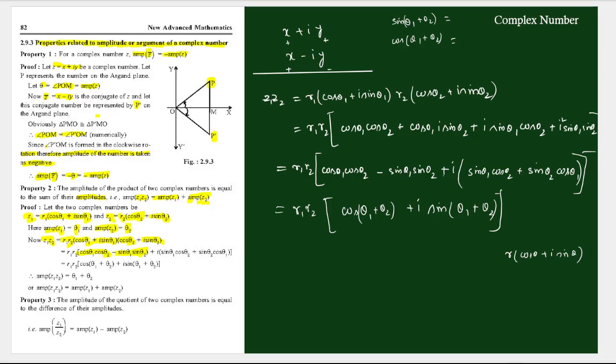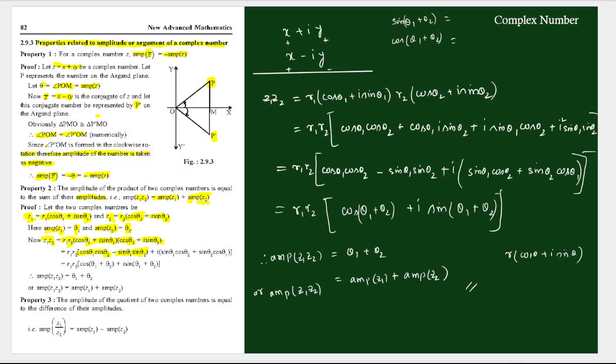So in the next line, you see, therefore the amplitude of z1 z2 is theta 1 plus theta 2, which is nothing but the amplitude of z1 plus the amplitude of z2. Hence proved. Did you understand?